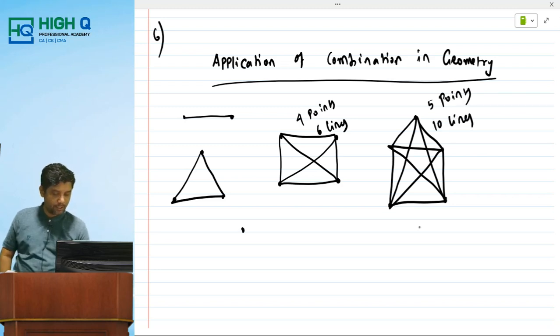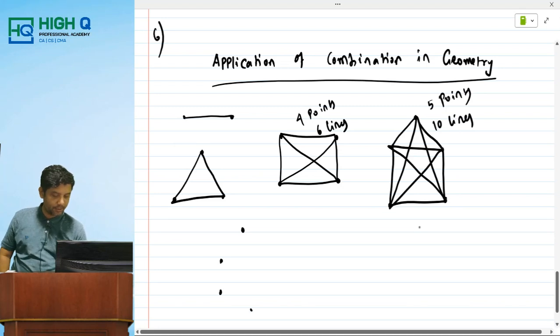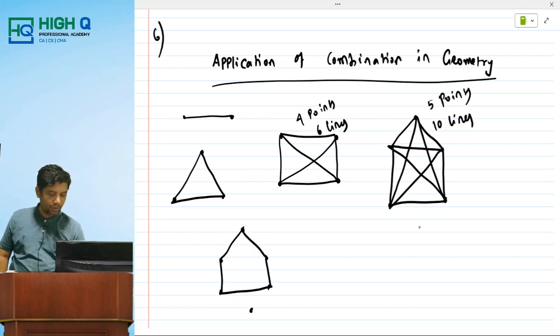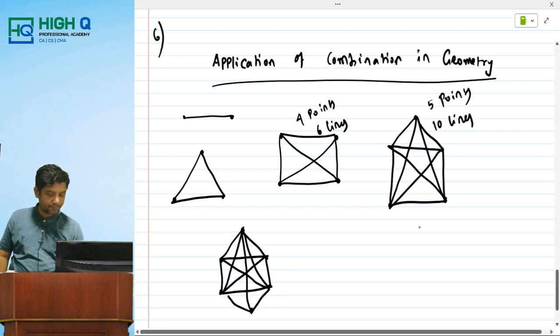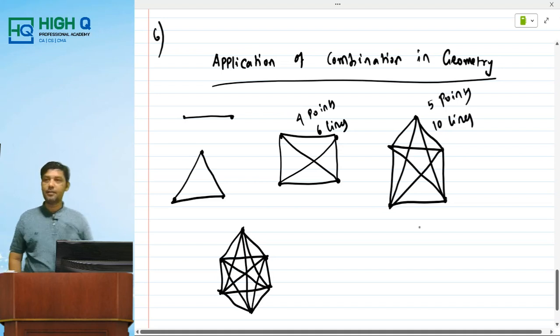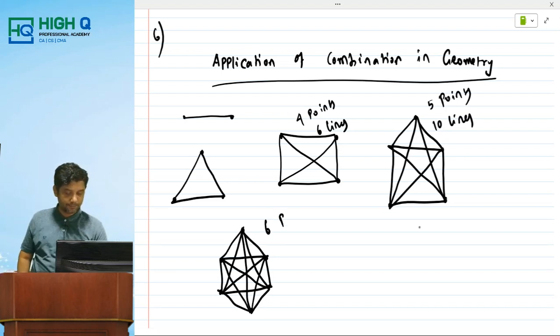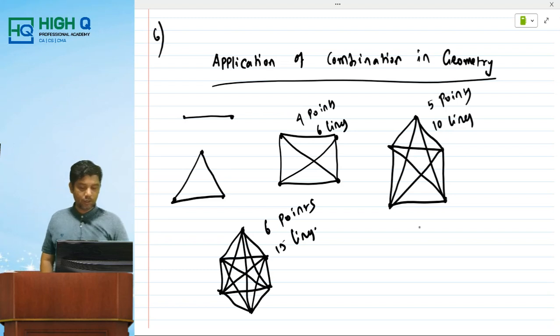Now one more example also I'll take. 6 points: 1, 2, 3, up to 15. So 6 points, how many lines?